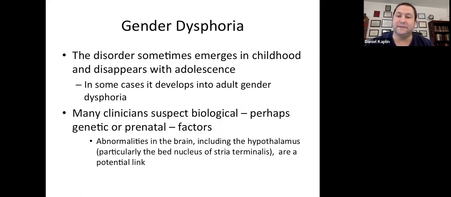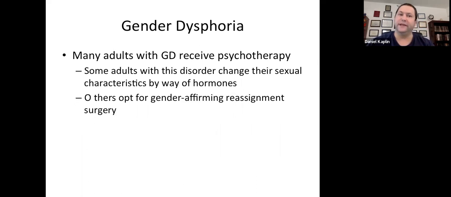Many clinicians suspect biological origins, in particular, the hypothalamus, which is responsible for things like food, drink, sex, temperature, might be responsible for this. So there is a suggestion that there could be genetic factors, prenatal factors, brain factors. All of these are biological in nature.